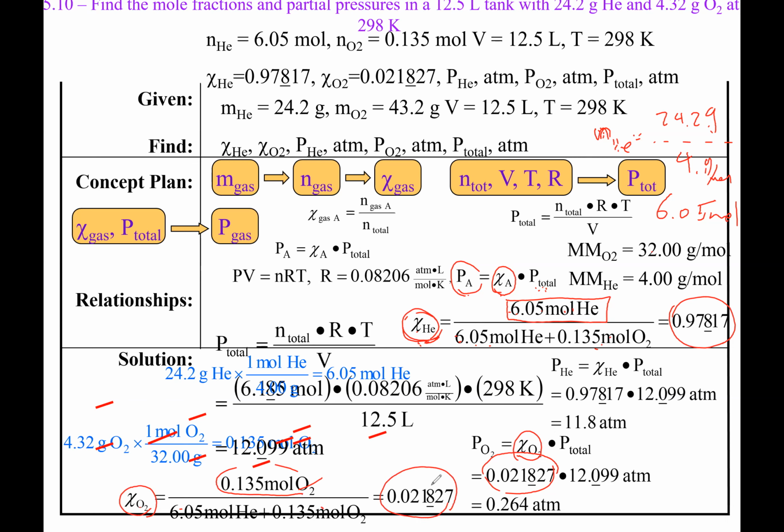Now, the total pressure is going to be P total. It's based on the total number of moles.